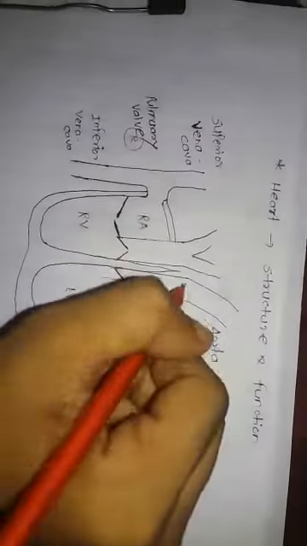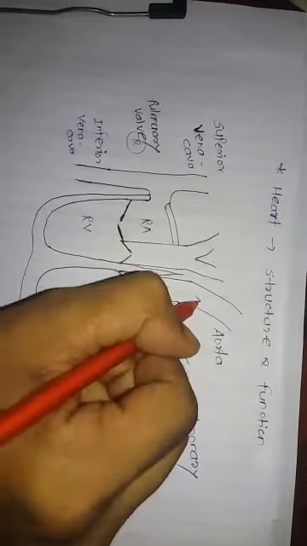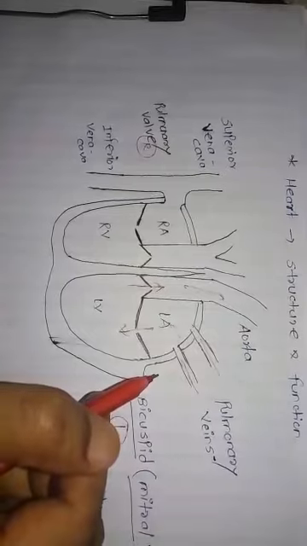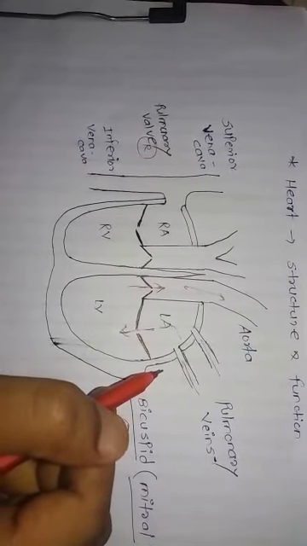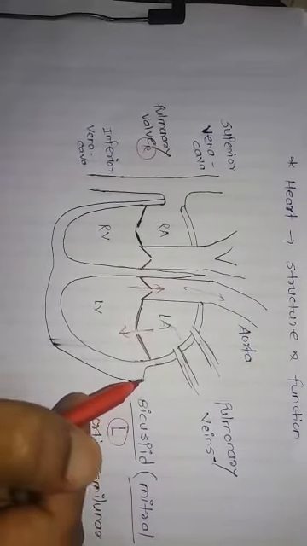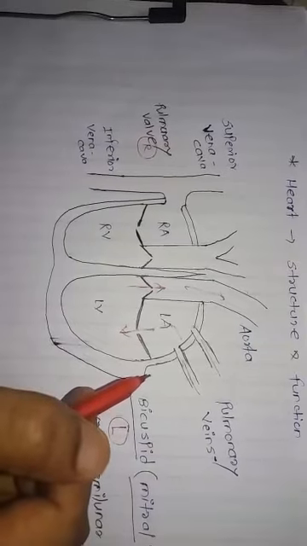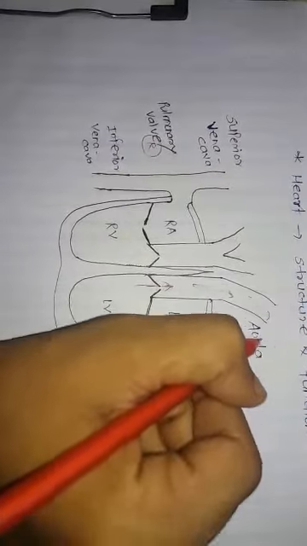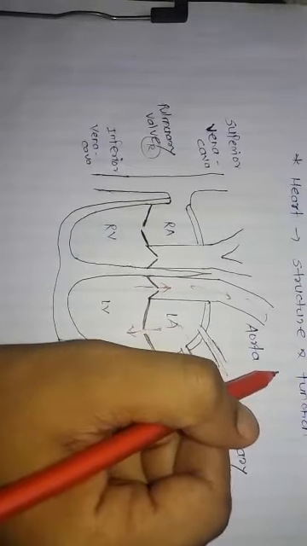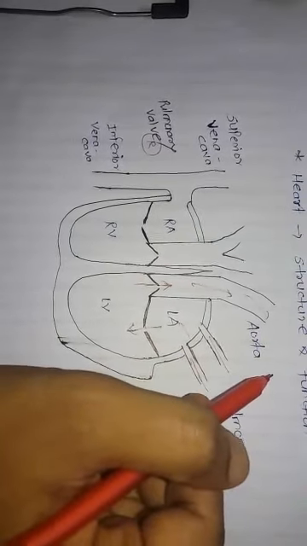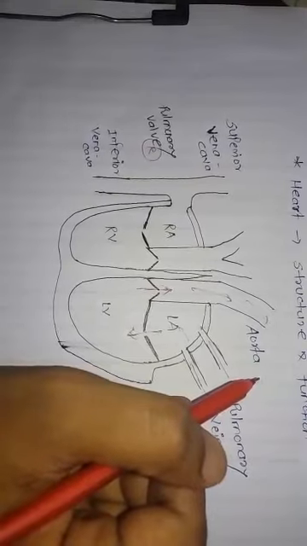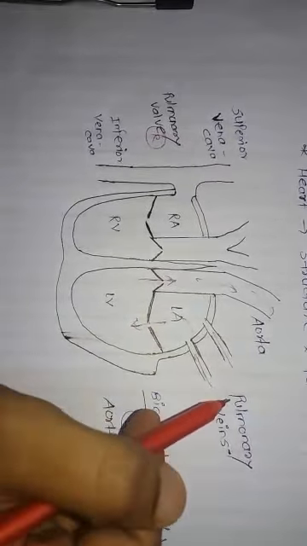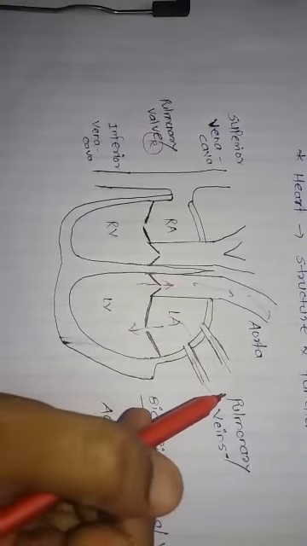The aorta is a large vessel which divides into many large arteries, and these large arteries again divide into medium sized arteries, and then into arterioles and systemic capillaries. Where systemic capillaries connect with the body tissues, gaseous diffusion takes place.